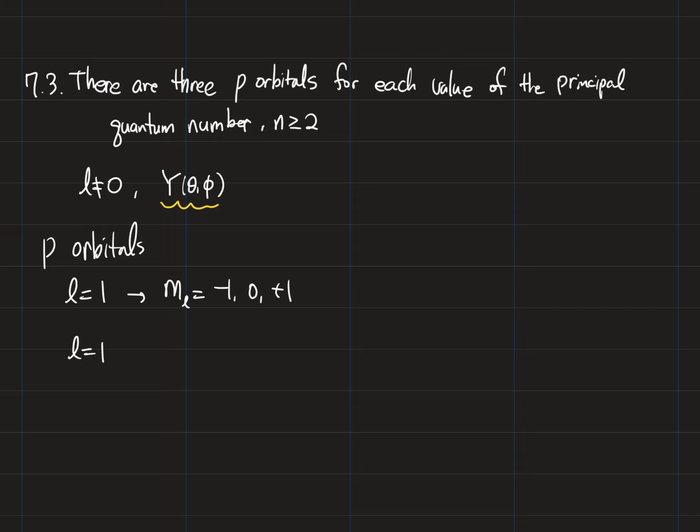Let's write down this pair, l equal 1 and m sub l equal to 0. This one corresponds to the spherical harmonics of Y10. If you look up the table, even though the constant looks a little bit messy, it is just a cosine function.